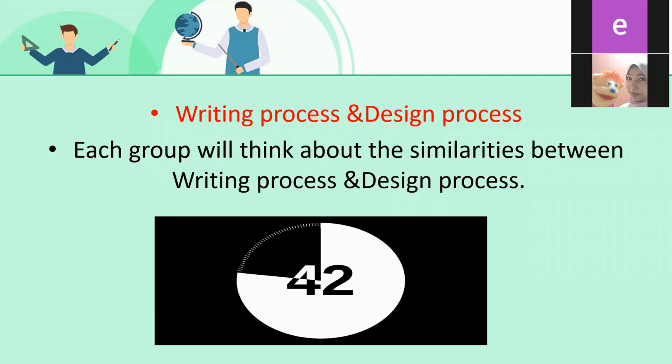We mentioned the similarities between writing and designing. First of all, in writing, we brainstorm ideas, and this is similar to asking in designing. The second one, in writing, we write a draft at first. In designing, I think we design a prototype as the first version. Then the third step, quality assurance.